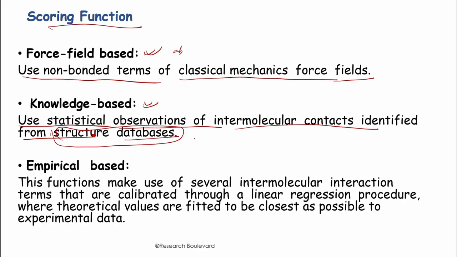They use the experimentally determined binding affinity to calibrate the molecular interaction, and from this they get a linear regression, some kind of mathematical model. Using this, they calculate the score between the protein and ligand.